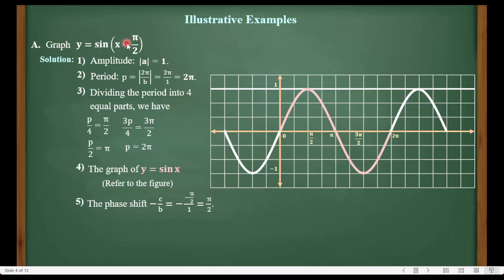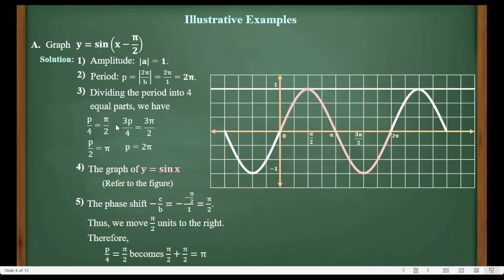Now, we consider the sign, so that is negative of negative pi over 2 all over b, whose coefficient is 1. If we simplify this, the value is pi over 2. So, the phase shift is pi over 2. What does this mean? It means we move to the right. This curve is to be moved by pi over 2 units to the right.